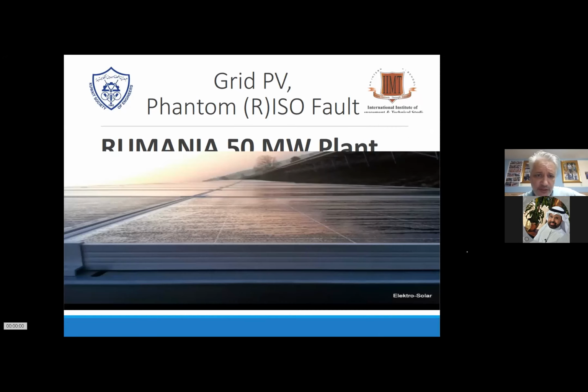So some pictures. That's what I said to you in the beginning. That's also happened in UAE in some days, that you have these condensing water droplets on the top or even on the bottom, so you cannot see it perfectly. But either way, that's enough with 45 milliamps or 600 to 800 kilo ohm to actually have these phantom isofaults.